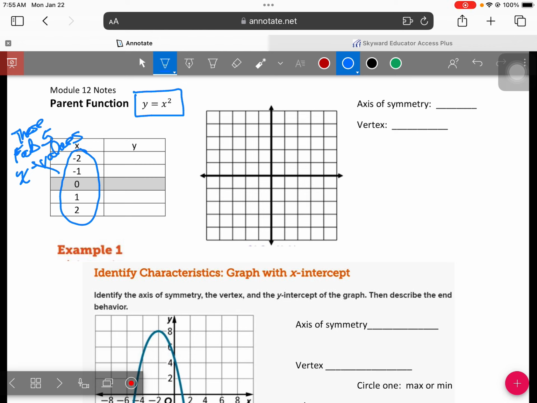So what we do here, since this is my table, I'm going to substitute these values in for x, and they're going to give me my y value. Okay? So I'm going to say y equals -2 squared. And what is -2 squared? 4.